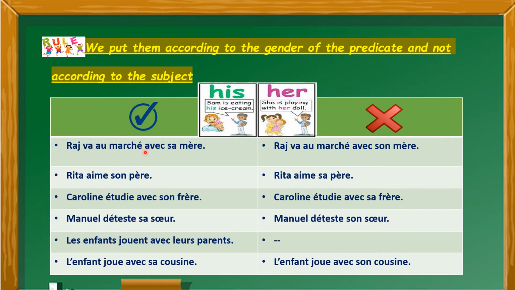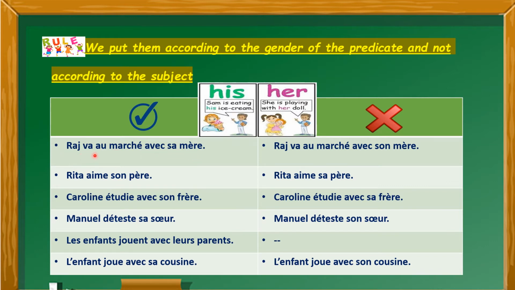Let's begin. I will explain further how they are used. The correct sentences are here and the incorrect sentences according to the French language are here. Sentence number 1 says, Raj va au marché avec sa mère.